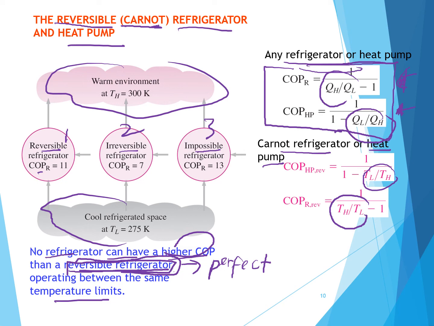So now looking at the COP values, it is proven that the reversible refrigerator will have a COP higher than the irreversible refrigerator. But it is impossible to have a refrigerator with a COP higher than our perfect refrigerator. So if you have a COP higher than the reversible or ideal COP, that refrigerator is impossible.